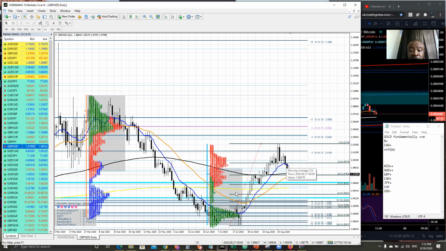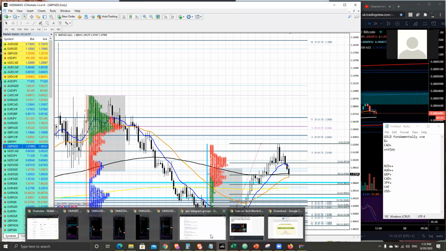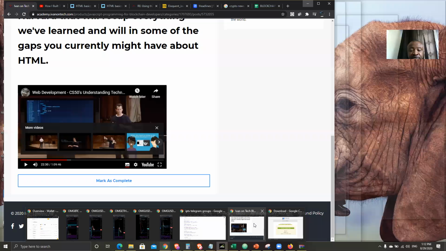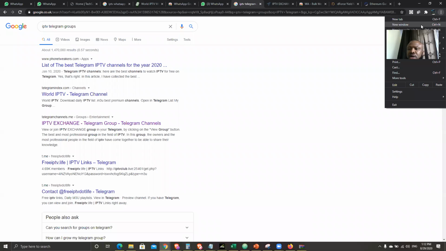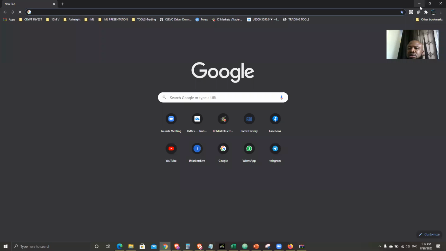Okay, so what I would then do now is that I've known the area where I want to potentially buy the pound against the New Zealand. I will then go to my 4-hour chart, potentially on TradingView. So let's see.